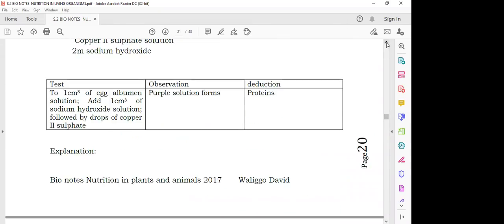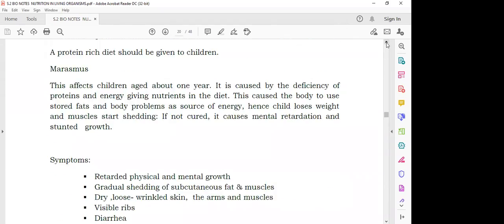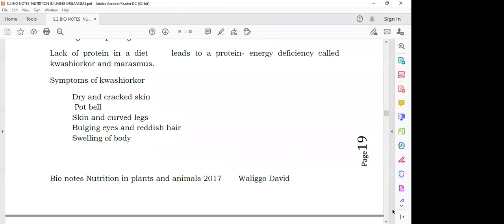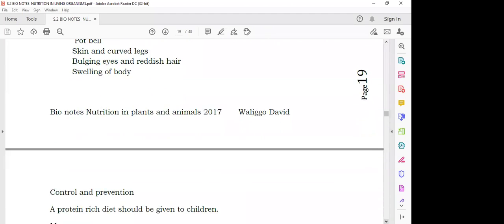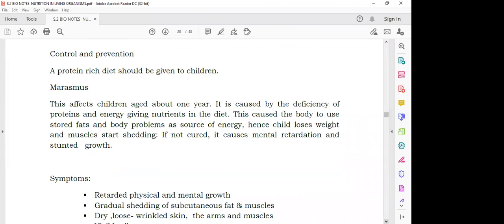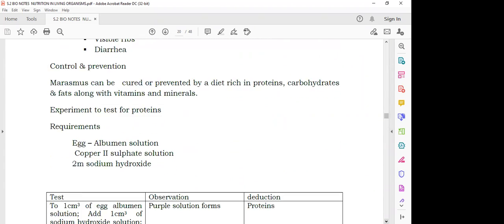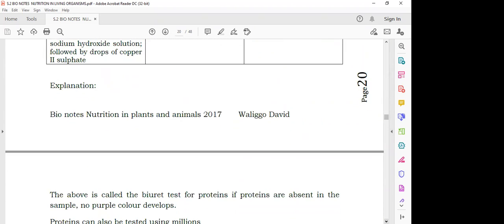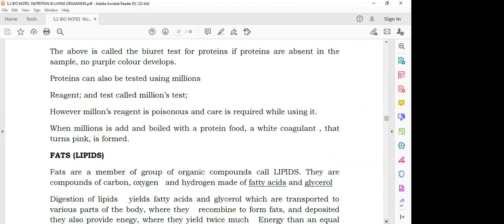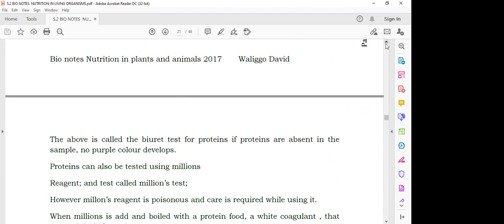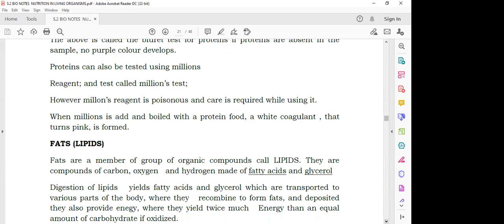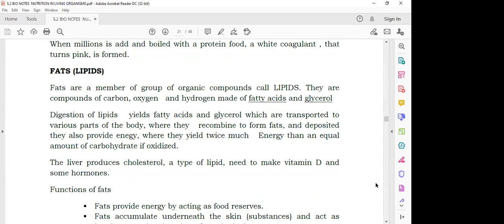So we are looking at the different food nutrients. We had looked at carbohydrates. Then today we started by looking at proteins, and we have seen issues of proteins. Unless there is a question from a member about proteins, we can move to the next food nutrient.